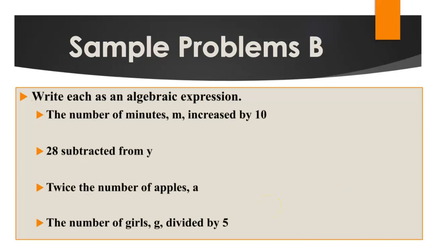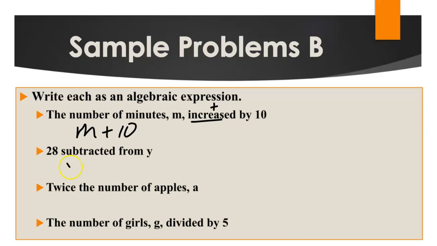Next type of problems, we want to write the algebraic expression when they give it to us in words. So here it says the number of minutes, m, increased by 10. So we're starting off with m. Increase means we are adding 10. So there's our algebraic expression. 28 subtracted from y.